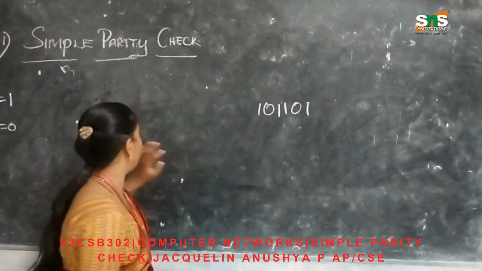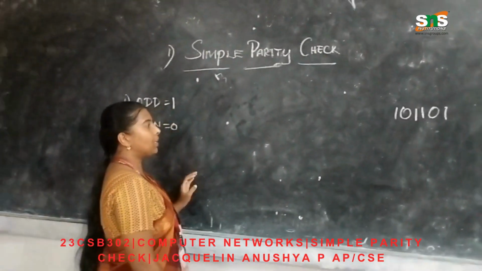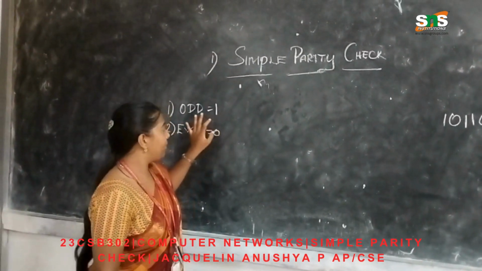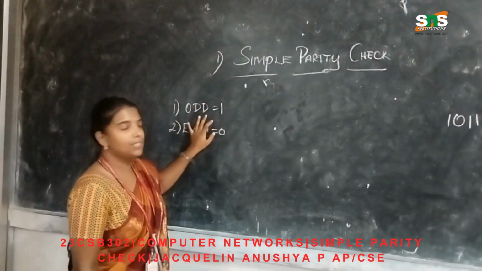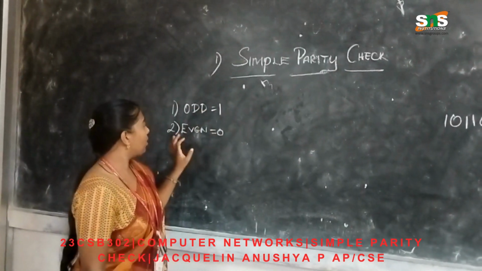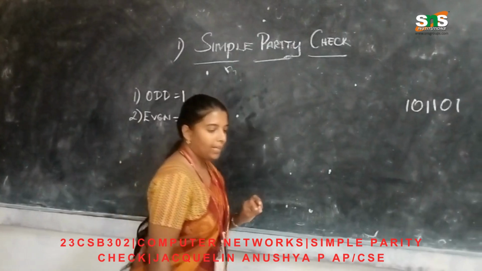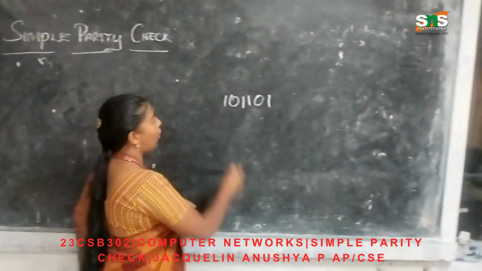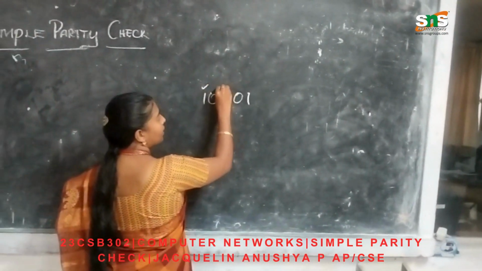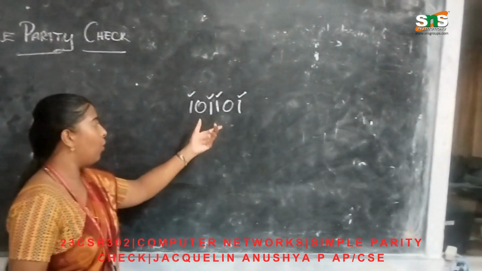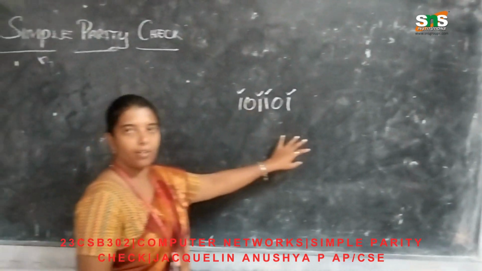So over here we need to check the condition. The condition is: if we have an odd number of ones, we give 1, and if we have an even number of ones, we give 0. Over here how many ones do we have? 1, 2, 3 and 4. We have 4 ones, and 4 is an even number.